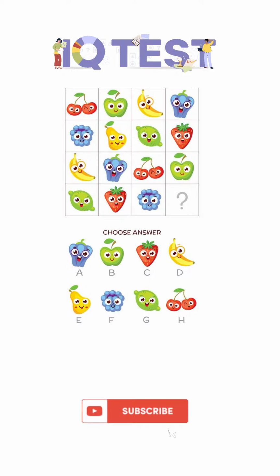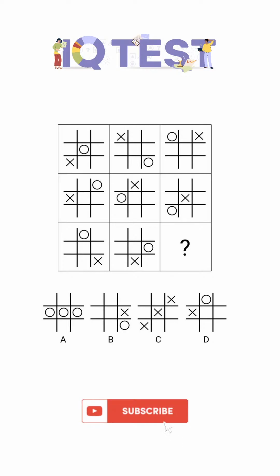Okay, Shukla, you are getting E. I agree. It is E. So yes, it is E. Very good. Let's move on to the next one. So what do you have for me?